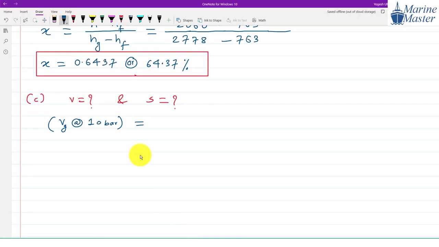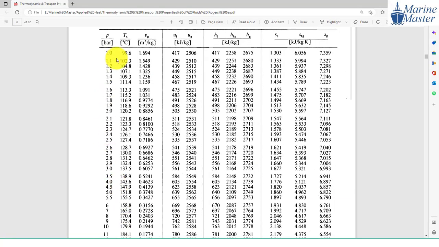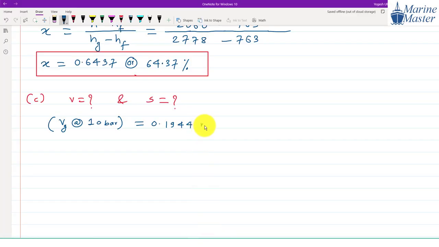So the value of Vg is 0.1944. What is the unit? Specific volume must be in meter cube per kg. So the unit is 0.1944 meter cube per kg.